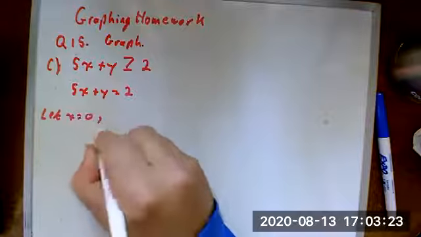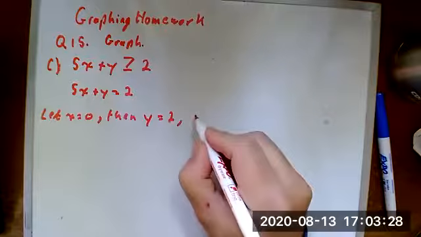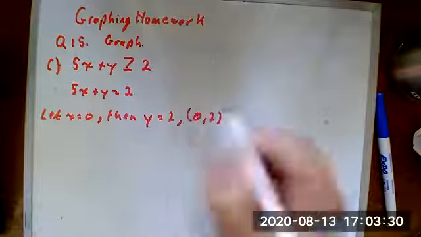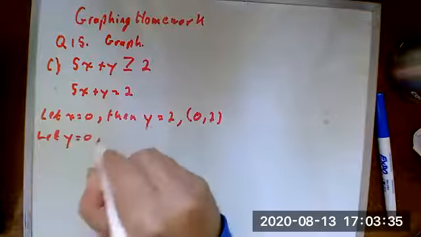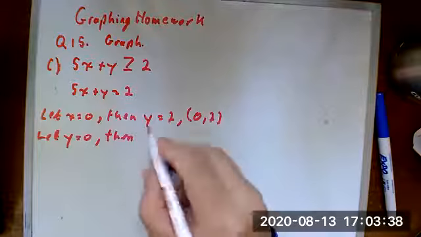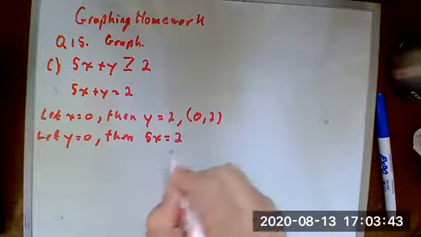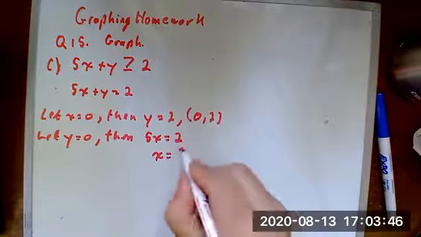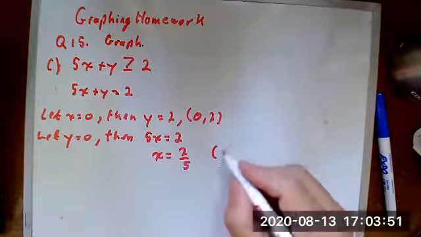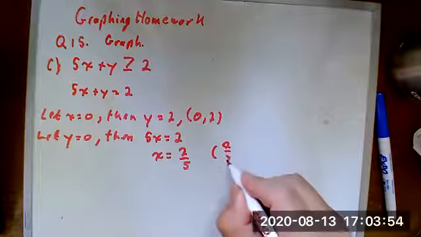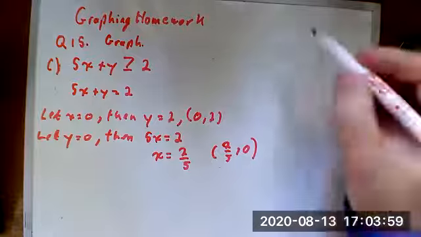Let x equal 0, then y equals 2, so we're at the point 0, 2. Going the other way, let y equal 0, then 5x equals 2, so x equals 2 over 5, so we will be at the point 2 over 5, 0. That's going to be very steep.